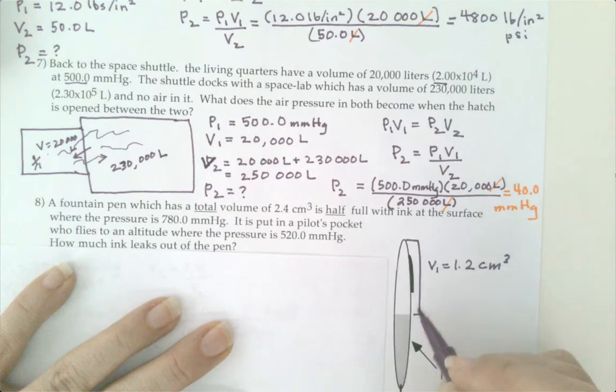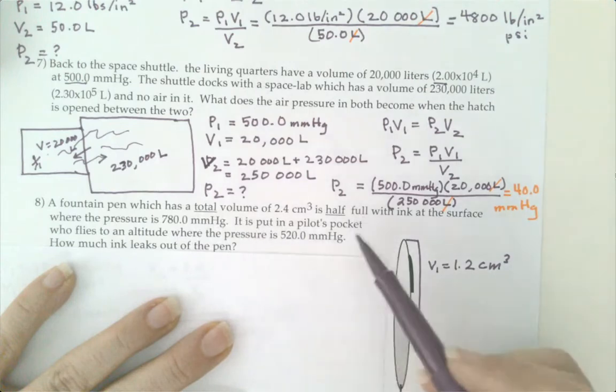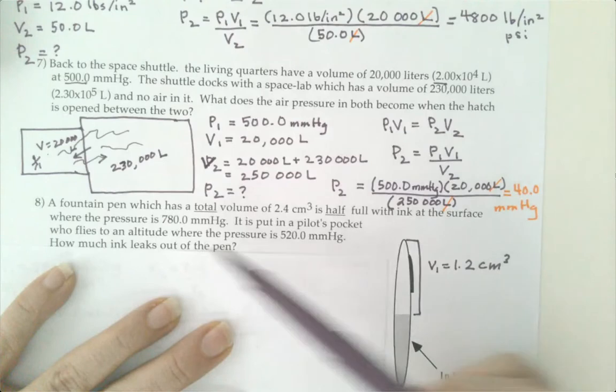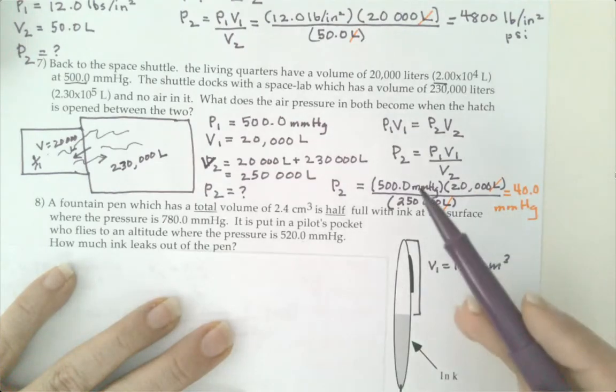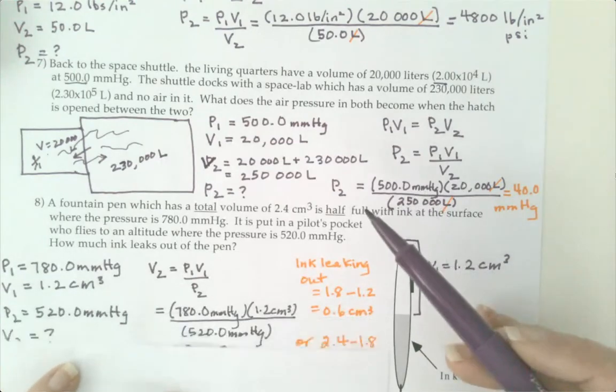So we have this pen. You are at a pressure of 780 millimeters of mercury. The pilot puts it in his pocket, and he flies to an altitude where the pressure drops. How much ink will leak out of that pen? So what I do is I'm solving for V2.